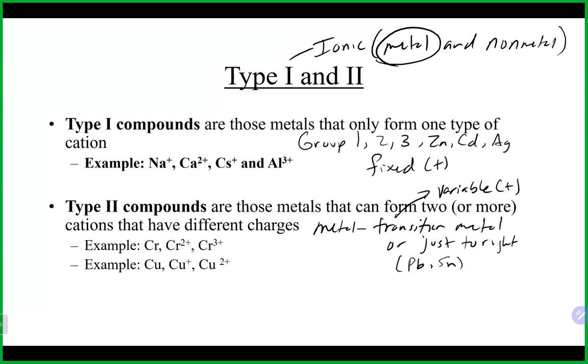So sodium, no matter what you attach it to, every sodium ion will always be +1. It will never change. But chromium in certain cases could be +2, +3, or even +4. It depends on who the chromium is attached to as to what charge it's dealing with.